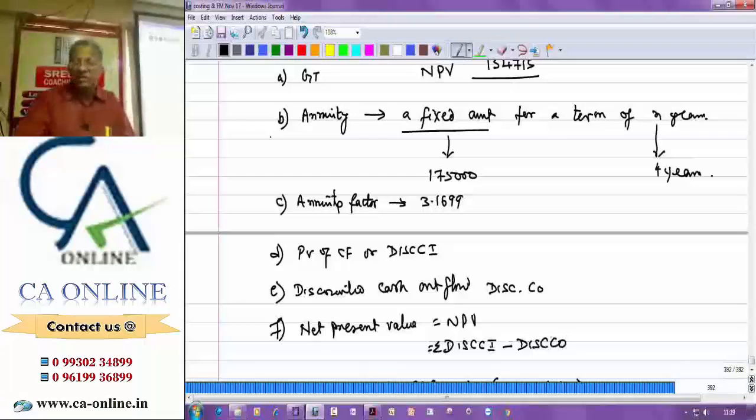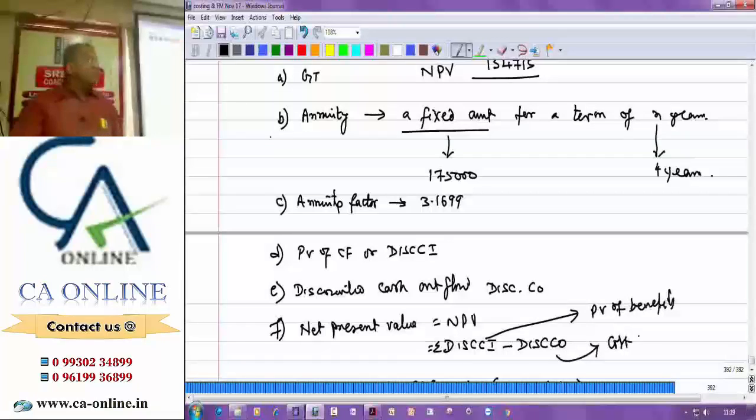This is nothing but the present value of benefits. This is nothing but cost. Benefit should be greater than cost, and we call the difference net present value. Are you understanding, all of you?